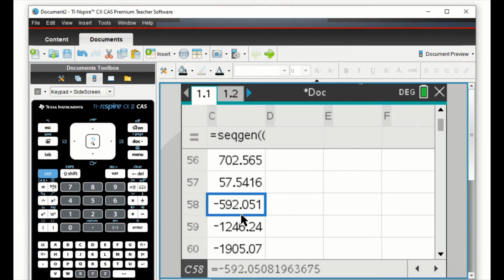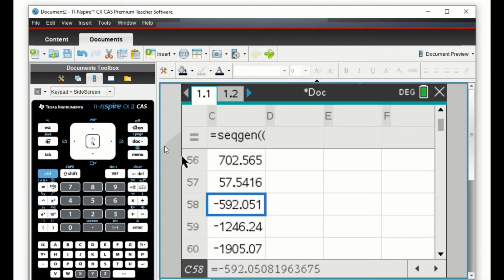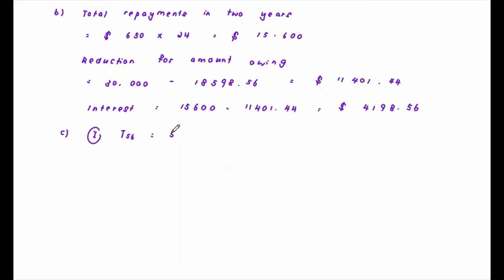So that's why you are given more money. So that's why the amount of owing becomes negative, because you are giving more and more money in the case where the loan is already paid off. So that's the idea. So by looking at this, then we can try to write down our T56. Alright, so at the 56th month, I'm still owing $57.54.